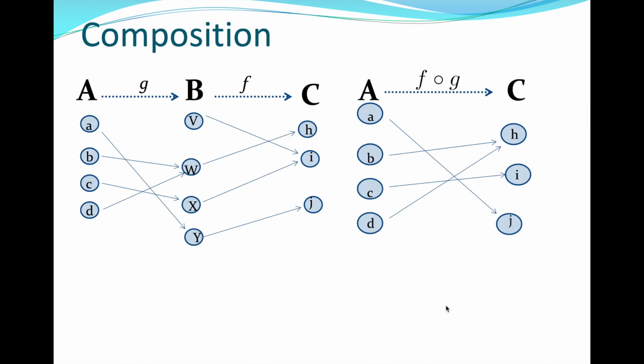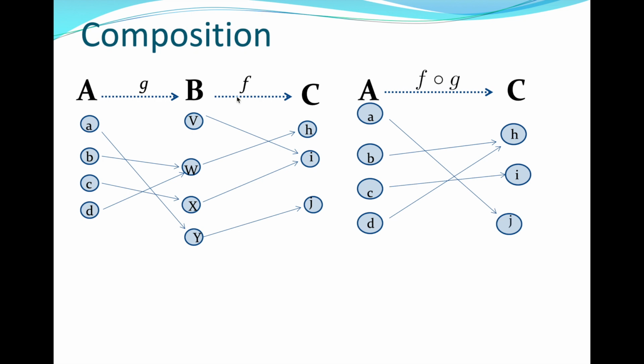If you look at this example, we have A, B, C. From A, the function g is used to connect it to B. So g(a) is equal to y, g(b) is equal to w, g(c) is equal to x, g(d) is equal to w.